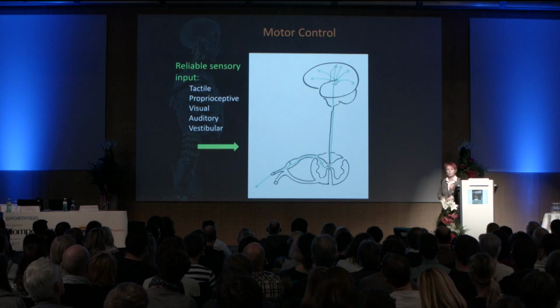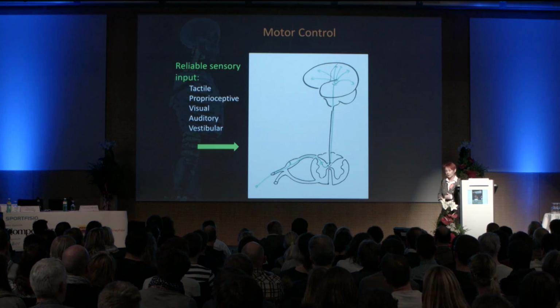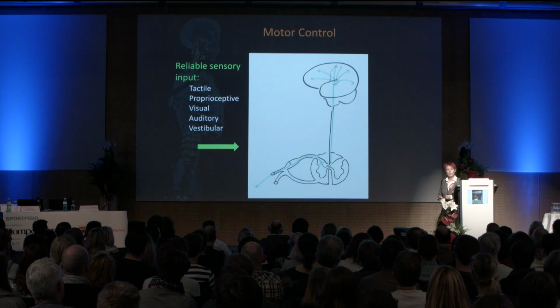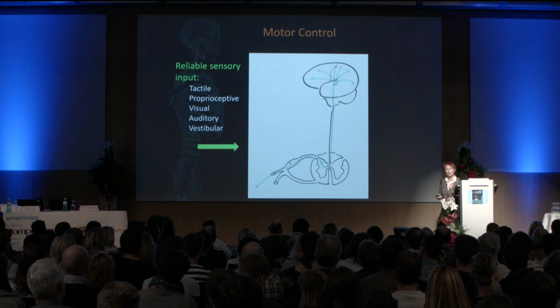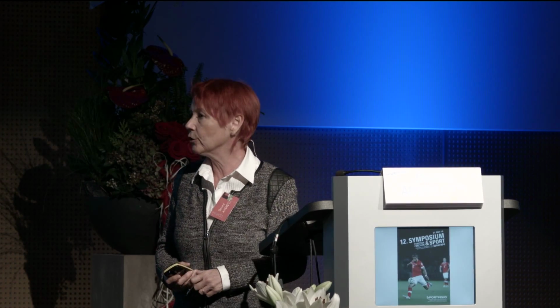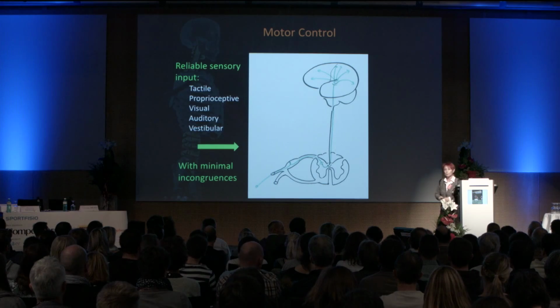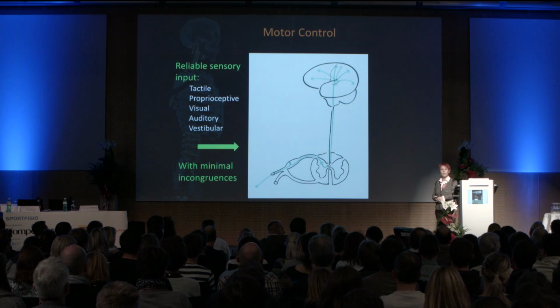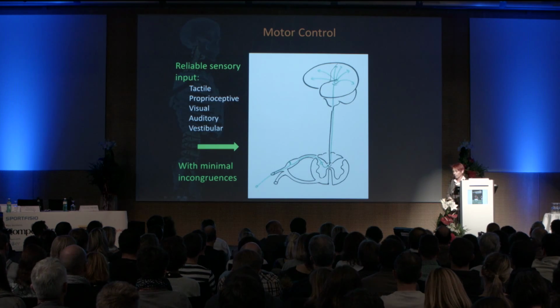So when we're talking about motor control, we're talking about reliable sensory information coming from all the different sensory organs of the body. And this sensory information has to have minimal incongruences. They should be saying the same thing, or basically the same thing. Otherwise, it becomes a bigger problem for the brain to decide what it's going to do.